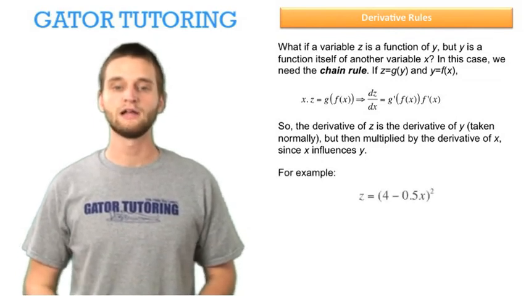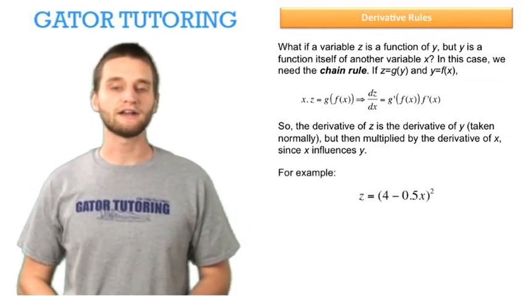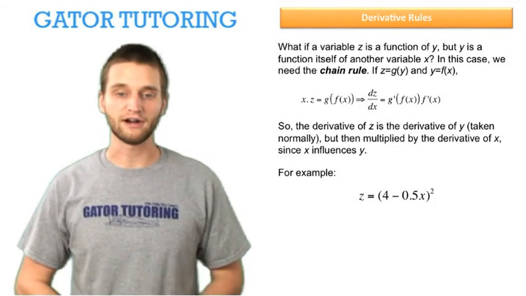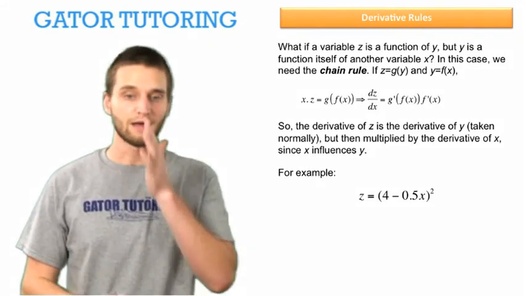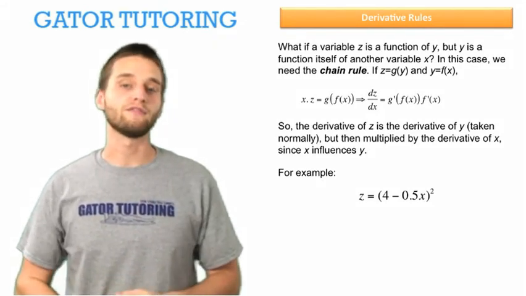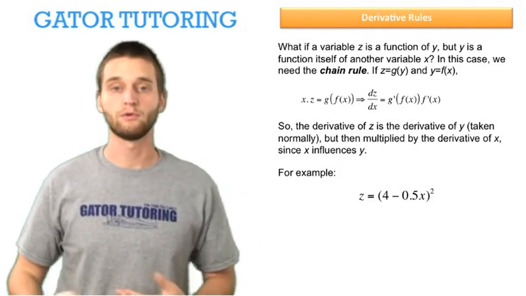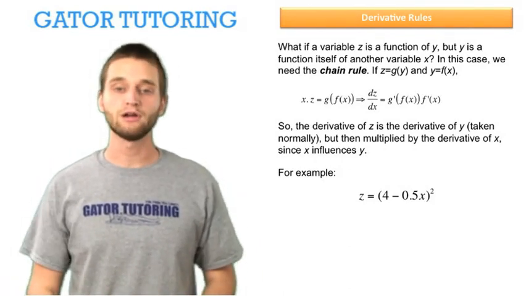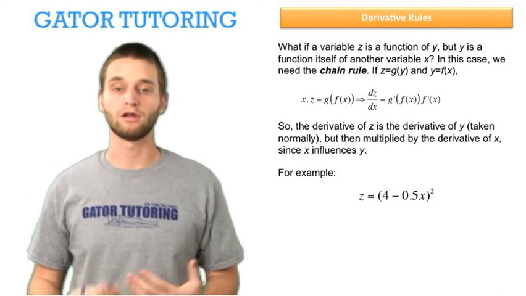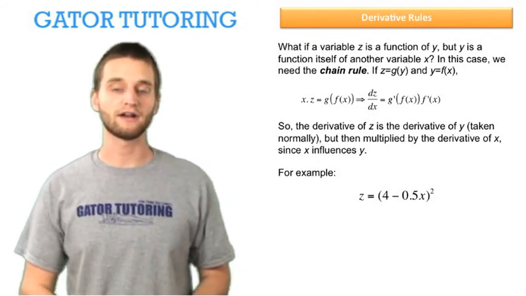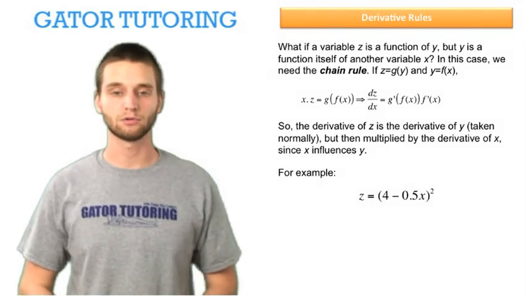For example, if z equals 4 minus 0.5x all squared, well, here we can see, imagine that 4 minus 0.5x is y. Well, then z would equal y squared, and we would know how to take the derivative of that. But here we're saying that y depends on x, so you can see that y is 4 minus 0.5x. So we're going to have to use the chain rule here.